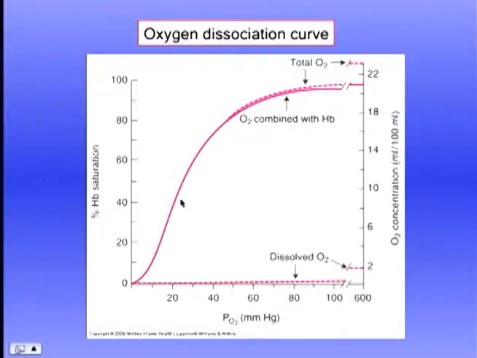And finally, the P50, that's the partial pressure of oxygen for 50% saturation in normal subjects, about 27 millimeters of mercury. So those are three useful anchor points that allow us to predict pretty much what the oxygen saturation is going to be for different levels of PO2.